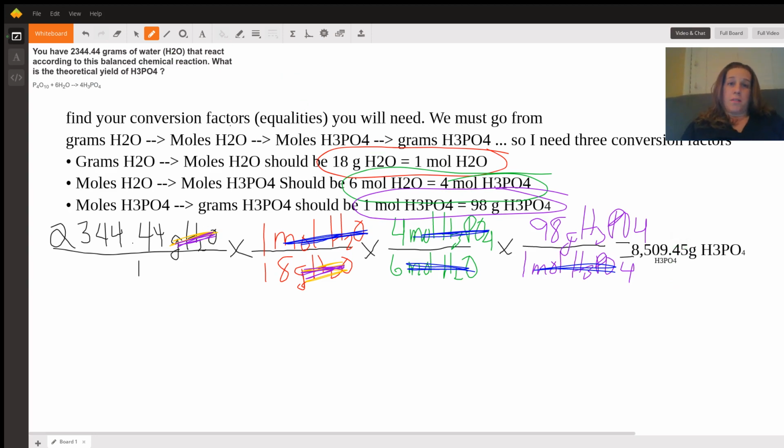So that is one way to solve this using dimensional analysis. The other way that you can do this is you can literally do it step by step. First, convert grams of water into moles of water and come up with that value. Then convert moles of water into moles of phosphoric acid using a mole-to-mole ratio. Then convert your moles of phosphoric acid into grams of phosphoric acid using a mole conversion.